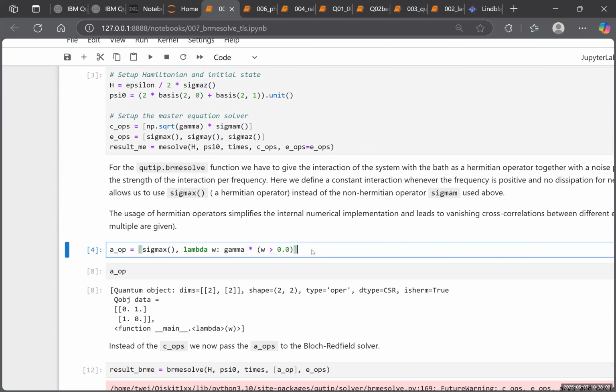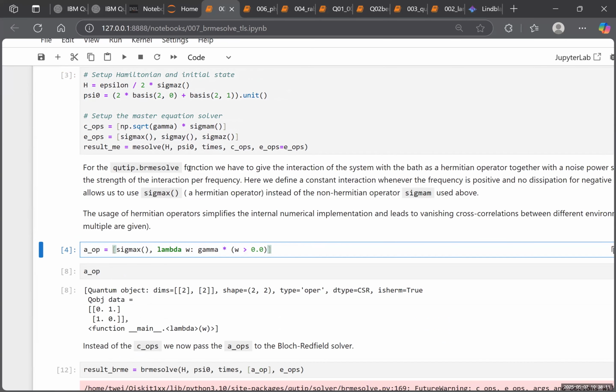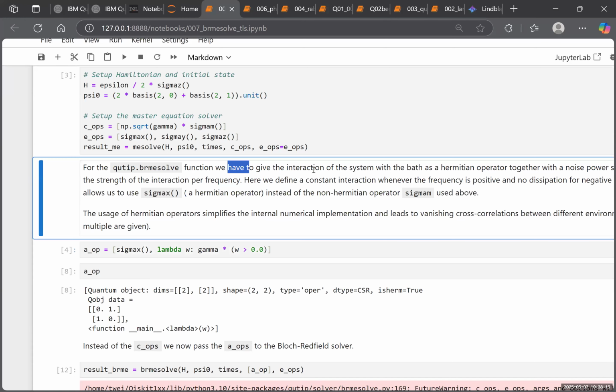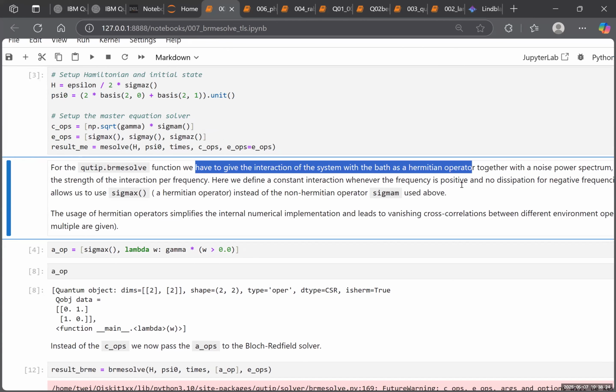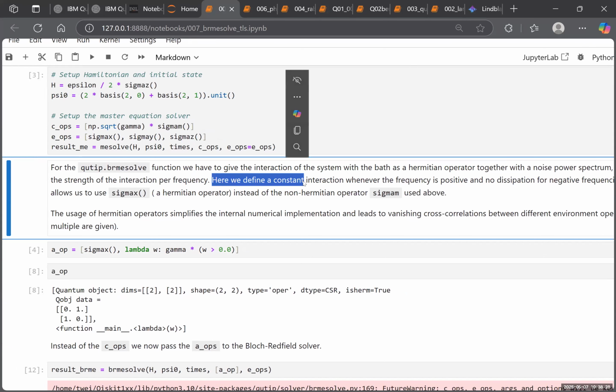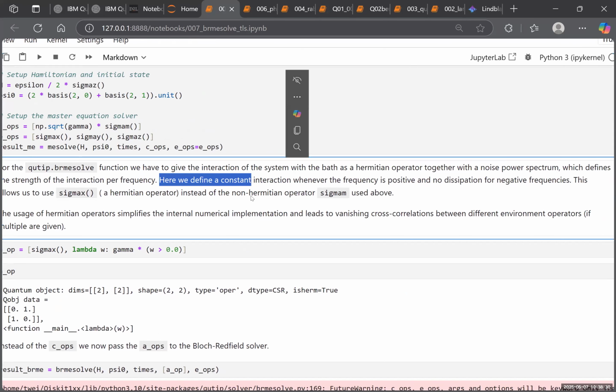And yeah, for this QuTiP BRME solve, we have to give the interaction of the system with the bath as a Hermitian operator together with a noise power spectrum, which defines the strength of interaction for each frequency. Okay, so I'm not going to explain what that is.